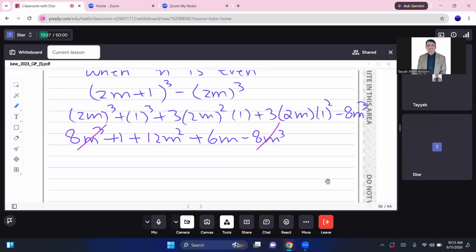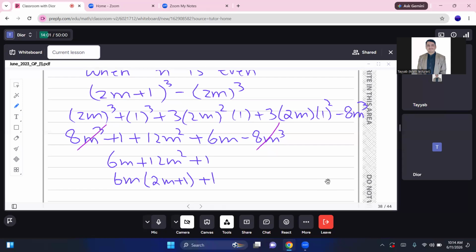Okay, so we are left with 6m plus 12m squared plus 1. If you take 6m common, so you have 2m plus 1, and plus 1.